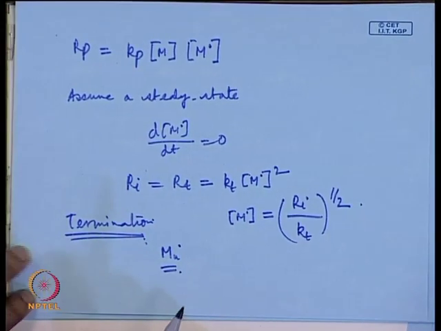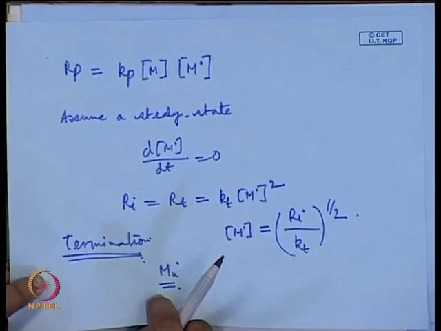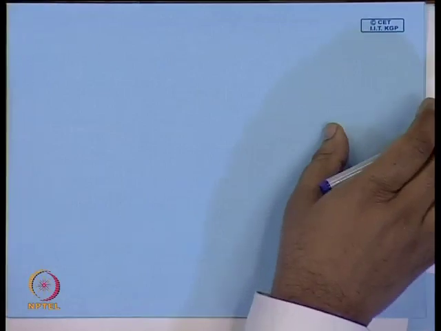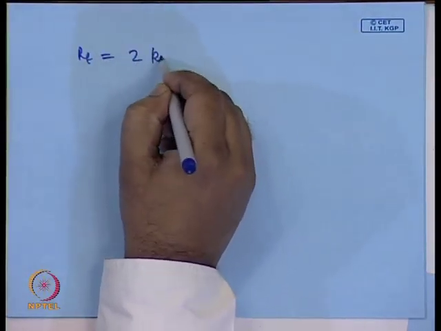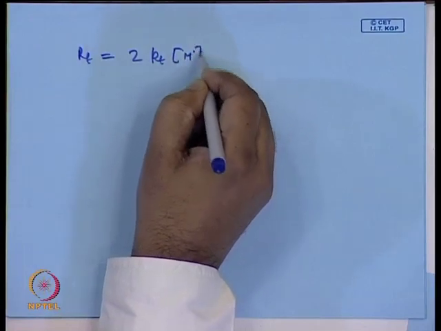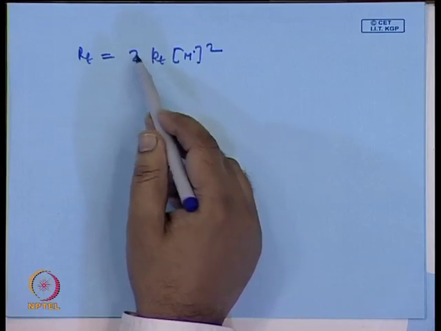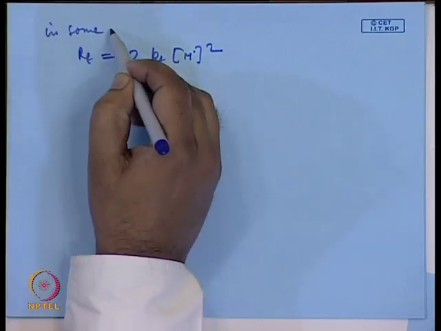Now, in some texts they follow that Rt, the rate of termination, is twice Kt M dot square.